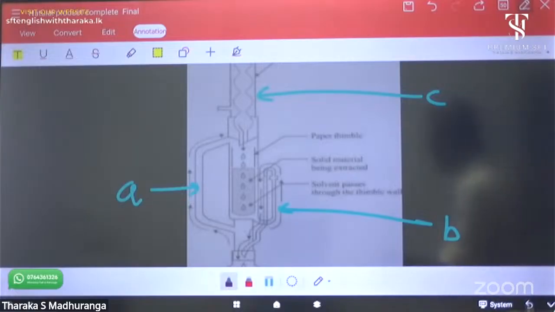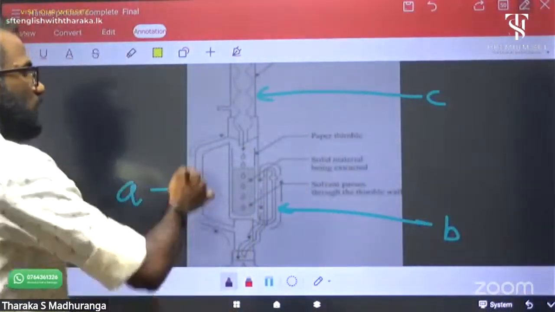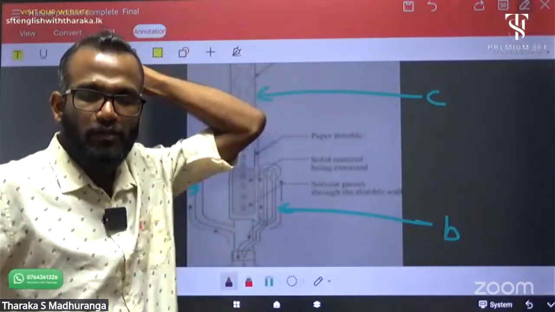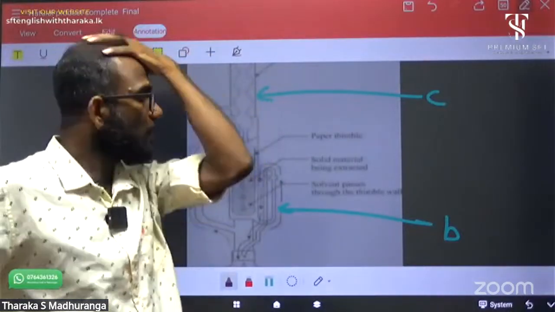But if you draw this type of diagram, it is easy to remember the parts. That's why I told you to draw this apparatus.